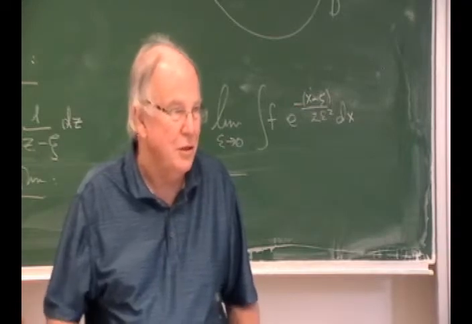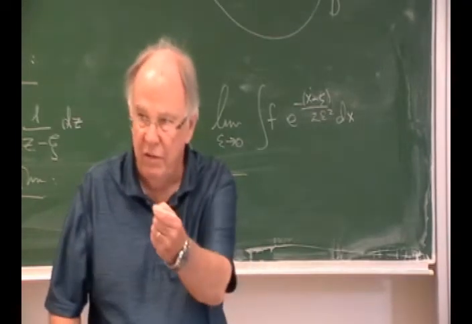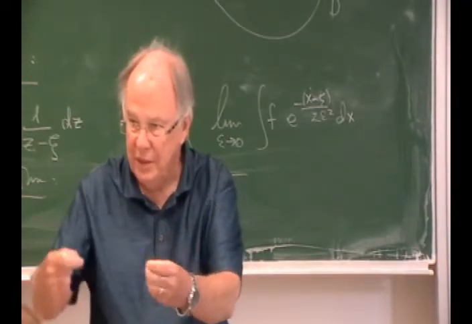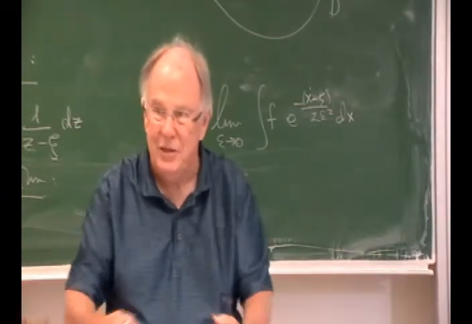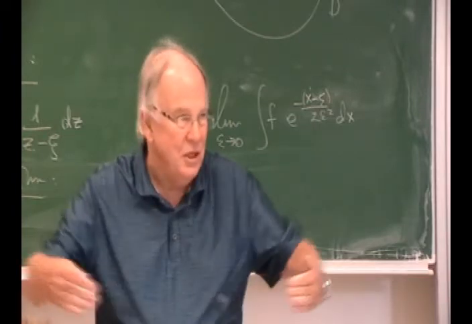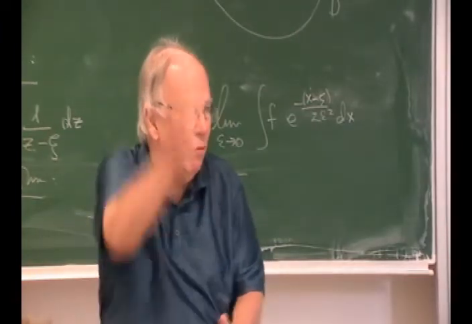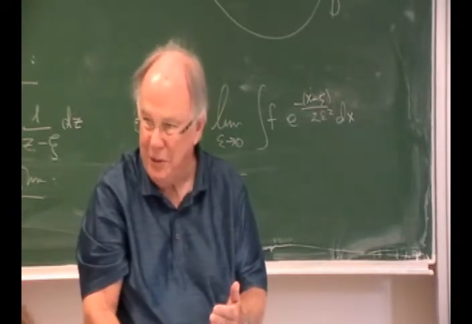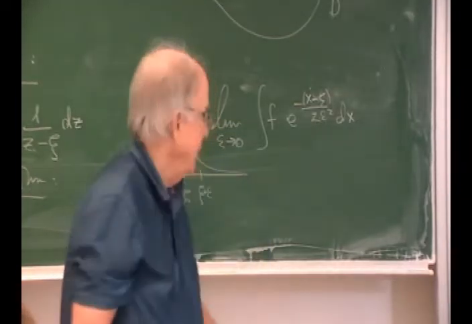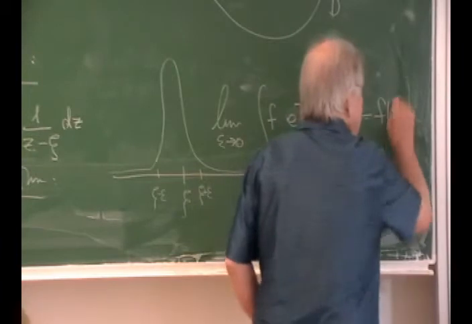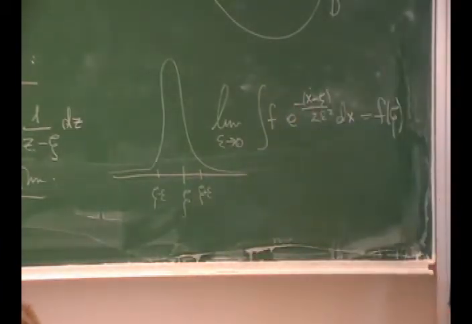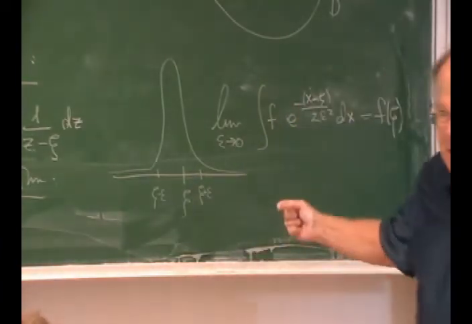So the integral against the Gaussian with mean value zeta and standard deviation epsilon, and I take the limit as epsilon goes to 0. You see, you're just picking up whatever happens at the point zeta, right? And you see what that is, that's f of zeta. So you see that's something like Dirac measure.